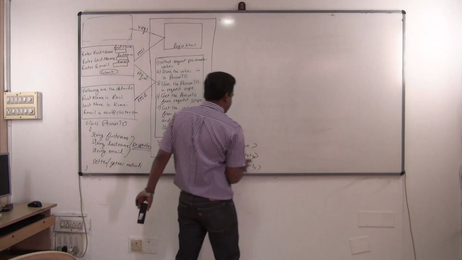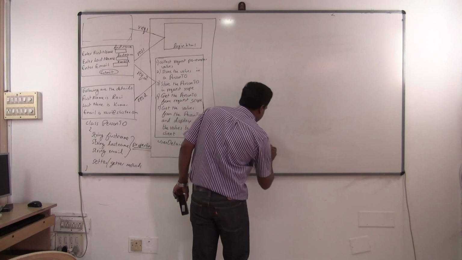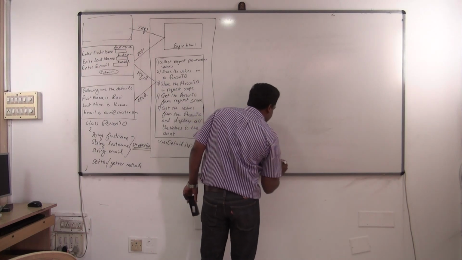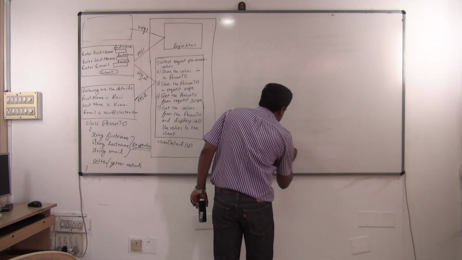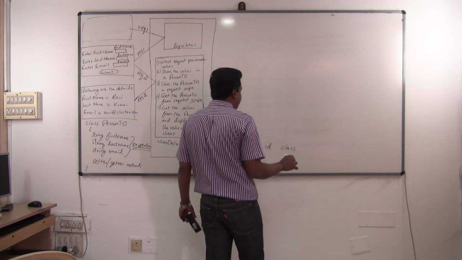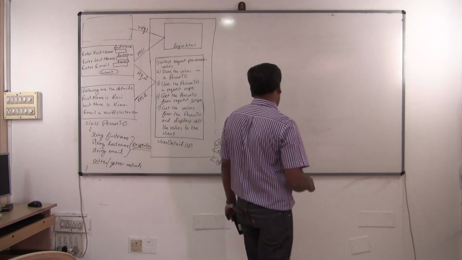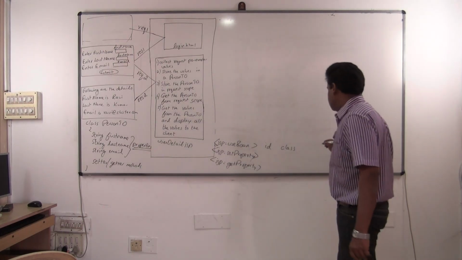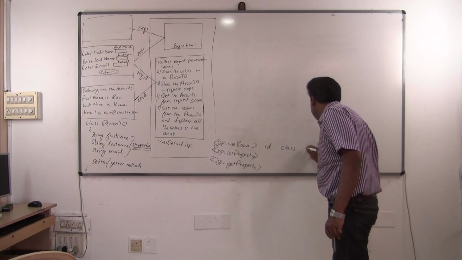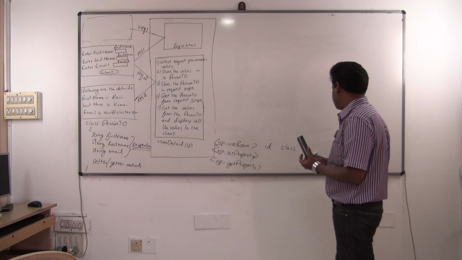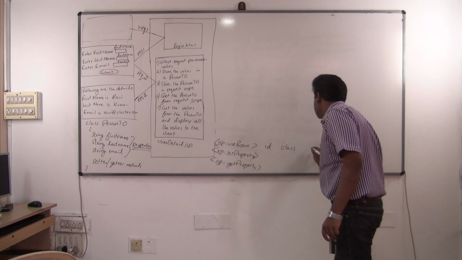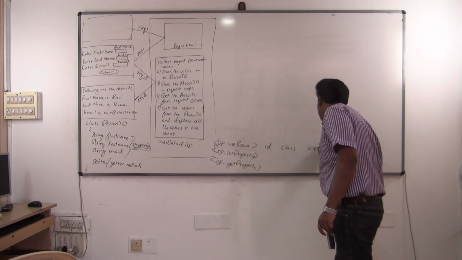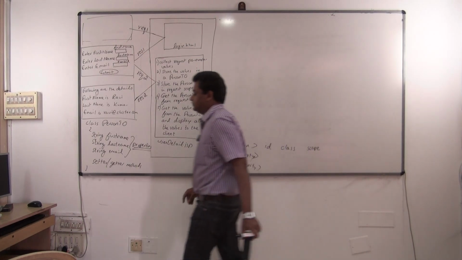So what are the attributes of the useBean tag? One is ID, then class, and scope: ID, class, scope.